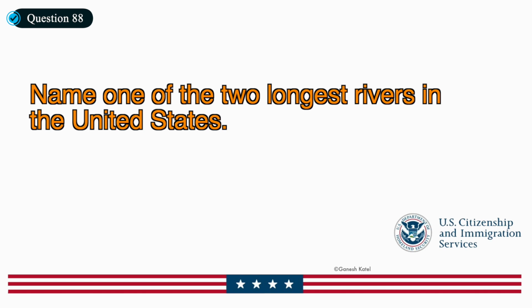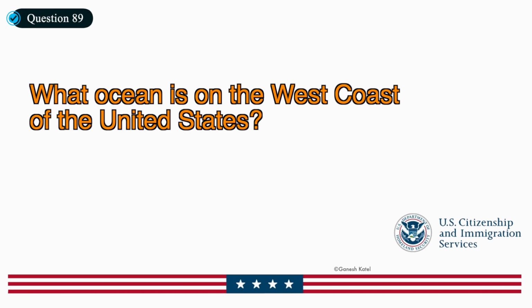Name one of the two longest rivers in the United States. Missouri River, Mississippi River. What ocean is on the west coast of the United States?